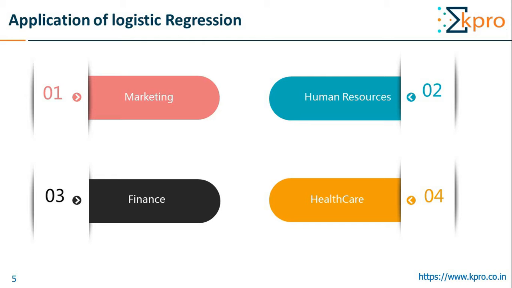In the human resources sector, it can be used to predict absenteeism of a particular employee based on individual characteristics. In the finance sector, it can be used by a bank to predict whether a customer will be a defaulter or not based on his previous transactions. And in the healthcare sector, it can be used to predict whether a person is depressed or not based on the bag of words from the corpus.